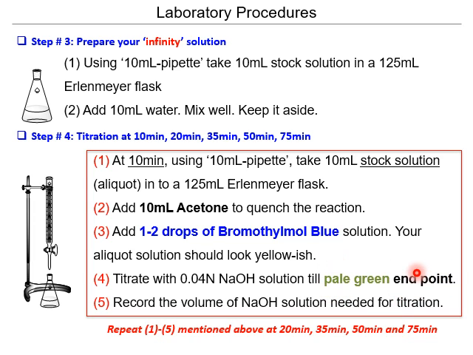You'll see the color change. And you record the sodium hydroxide solution you needed for that titration. So again, you're taking these samples at different intervals of time, and then you quench and you titrate.